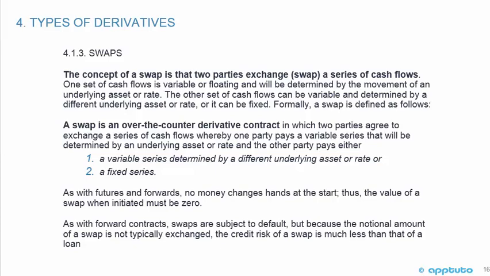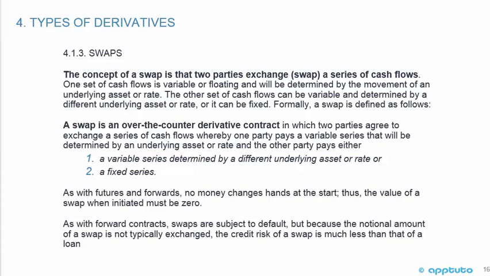Formally, a swap is defined as follows. A swap is an over-the-counter derivative contract in which two parties agree to exchange a series of cash flows whereby one party pays a variable series that will be determined by an underlying asset or rate, and the other party pays either one, a variable series determined by a different underlying asset or rate, or two, a fixed series.